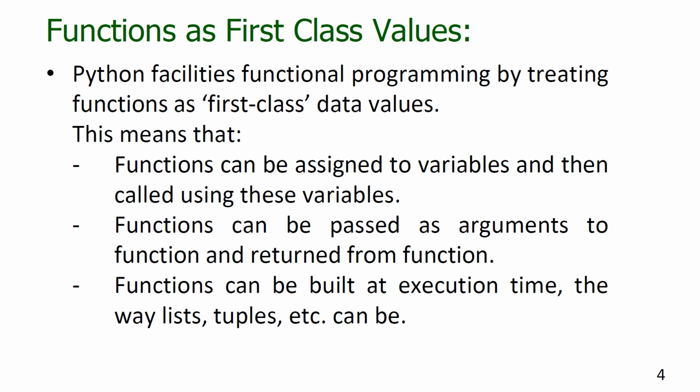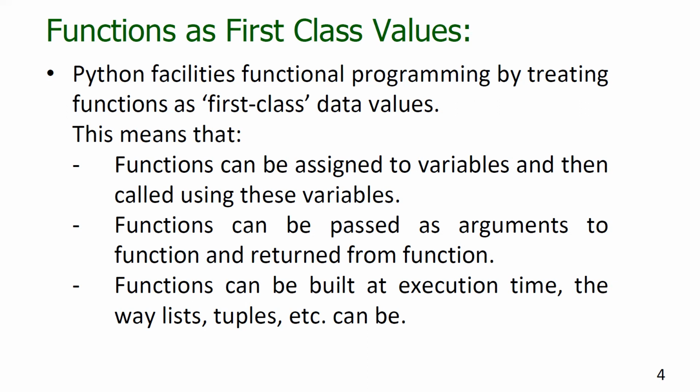Second, functions can be passed as arguments to a function and returned from that function. And finally, functions can be built at execution time, like the way we can create lists, tuples, etc. We will see some examples for each and every point we have discussed here.